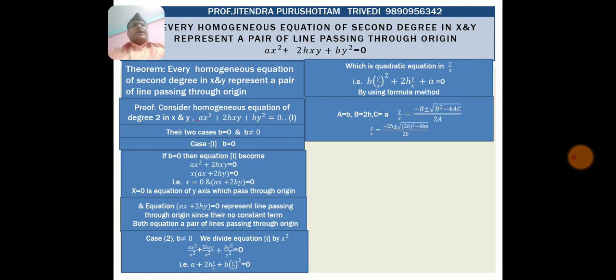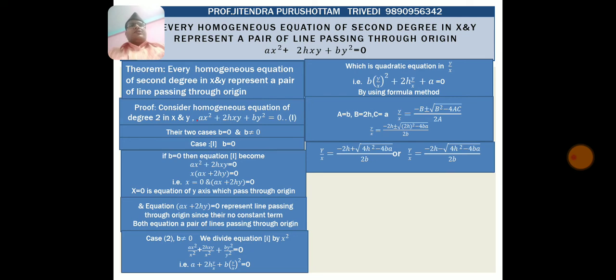So y/x = (−B ± √(B² − 4AC))/2A. Now substituting the values of A, B and C, we get y/x = (−2h ± √((2h)² − 4ba))/2b.